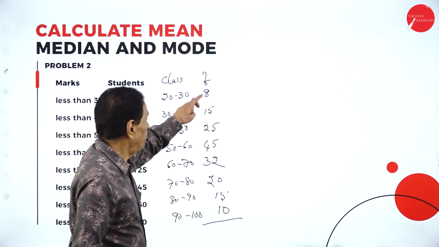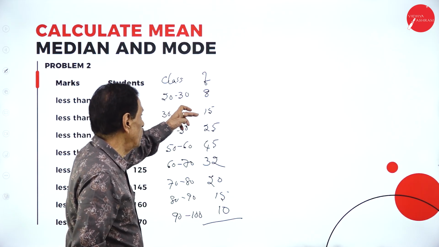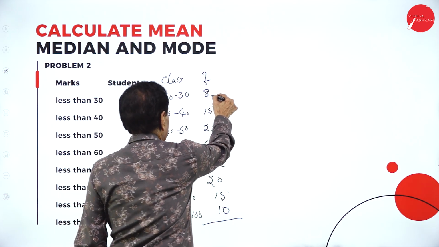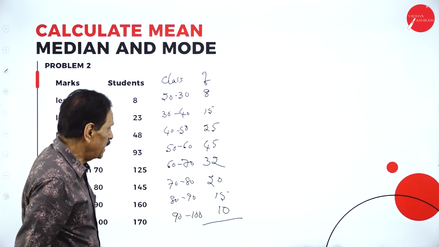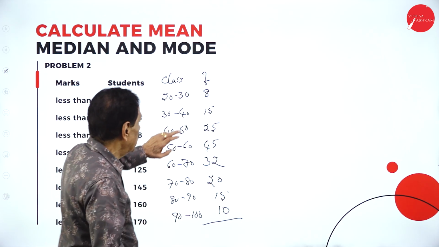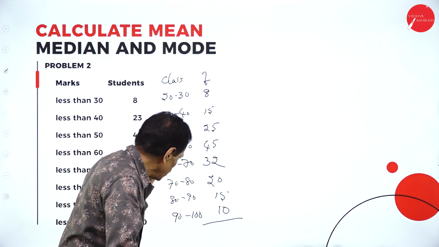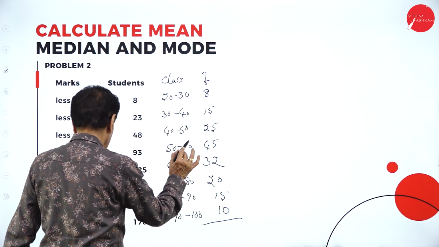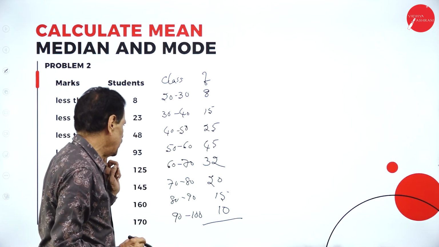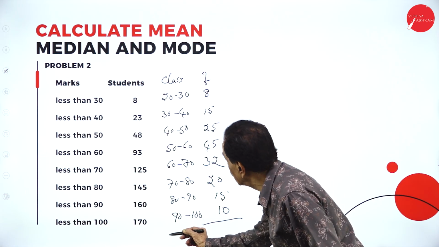Add 8 plus 5, 13, 18, 23, 25, 30, carry 3, 3 plus 1, 4, plus 2, 8, plus 4, 12, 15, 17. Less than 100 is 170.